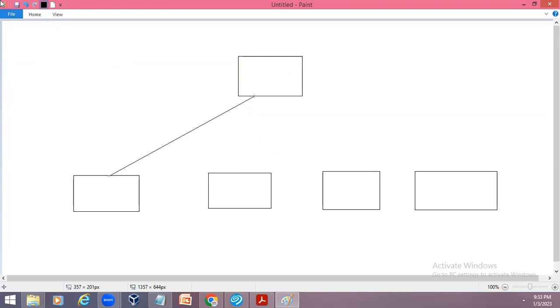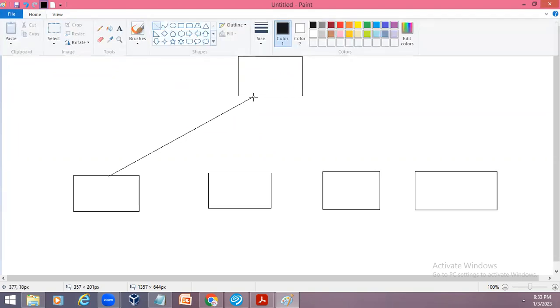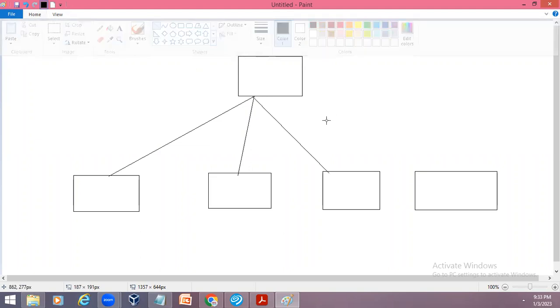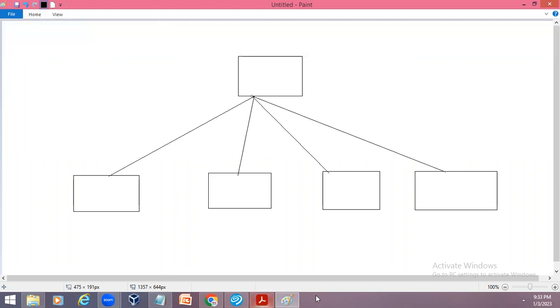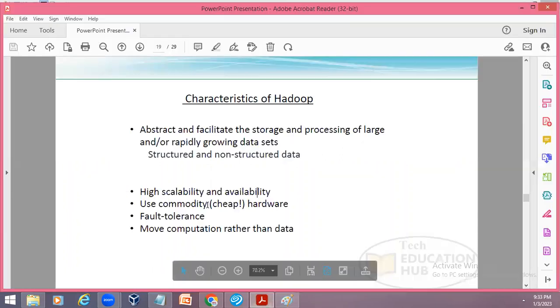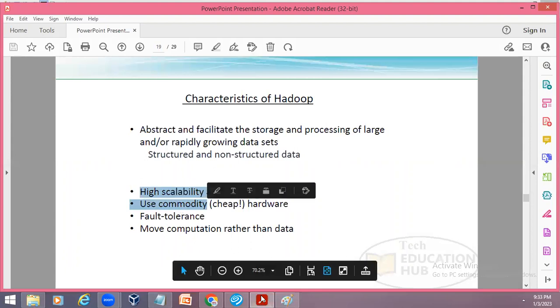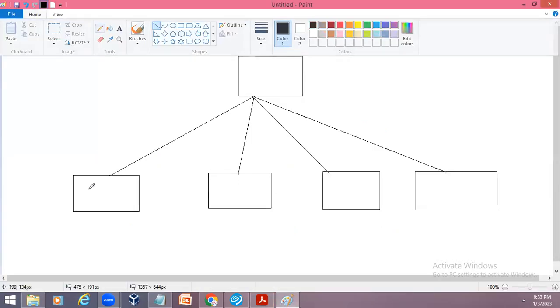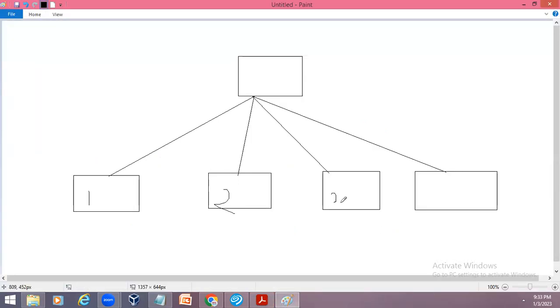The master node is connected to my slave nodes. Now, it's highly scalable and availability should be very high. What does it mean? Suppose today you are using a 4 node cluster. This is, let's say, node 1, 2, 3, and 4.